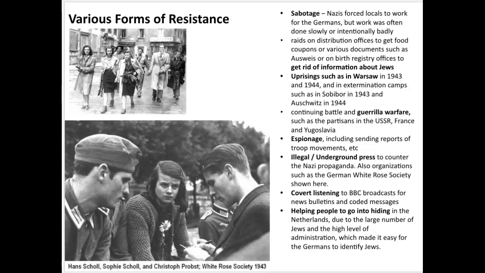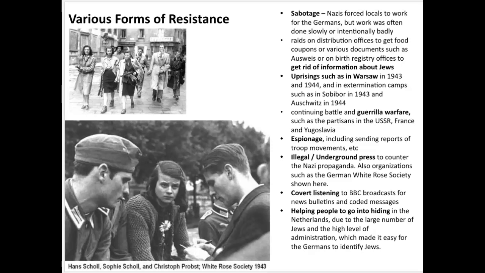Remember we talked about communists and fascists fighting in the streets when we were talking about early fascism in Italy, for example, right? So that fighting continues in Nazi Germany as well. And espionage. So sending reports about troop movements, things like that, spying on the Nazis and their military complex.